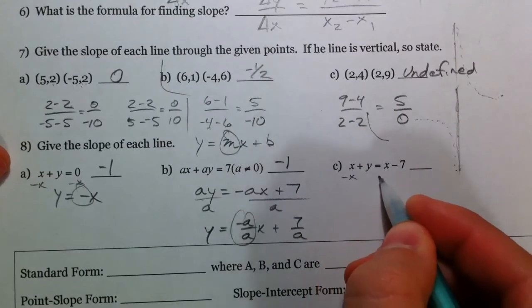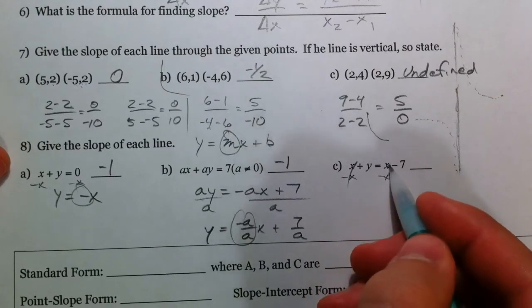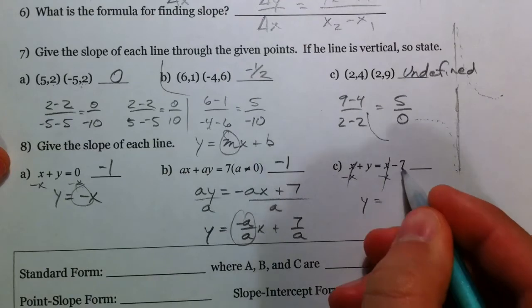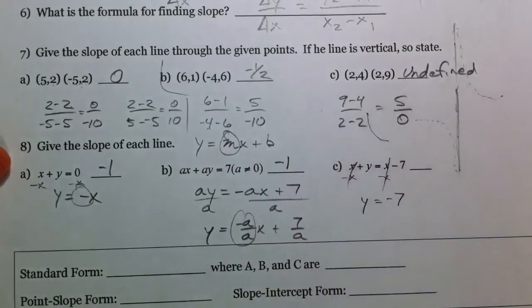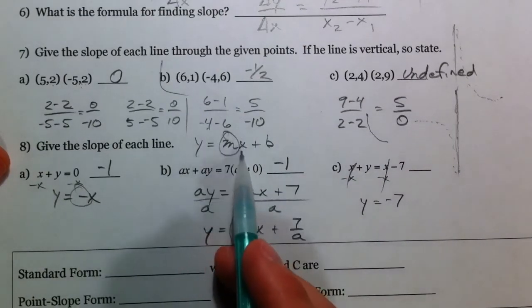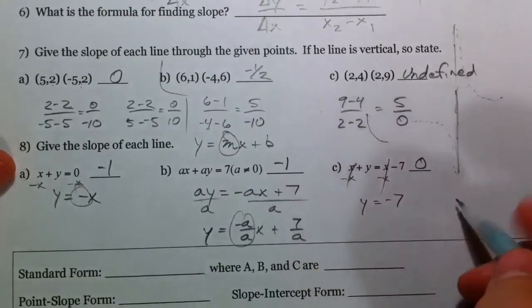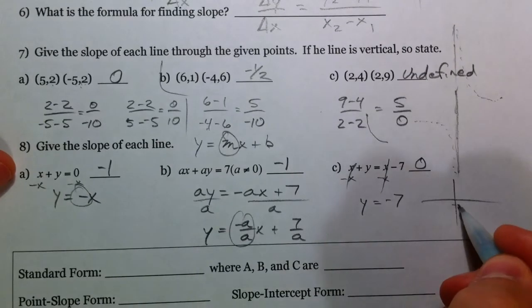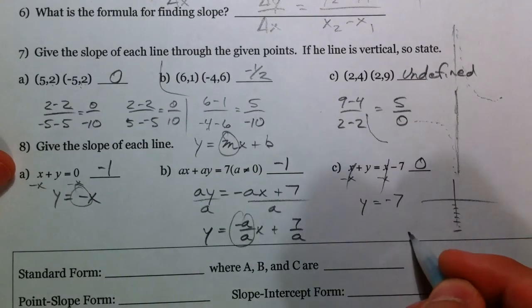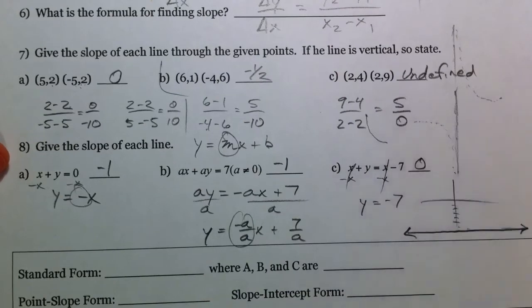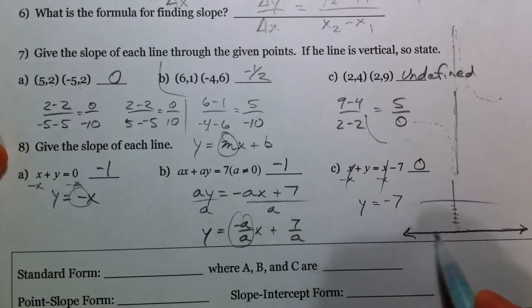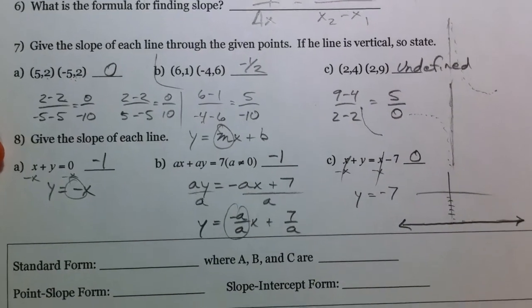If we subtract the x from both sides, it actually cancels out on both sides, so y equals negative 7. It doesn't have an mx, so it must mean that m is 0, but if you're not convinced, graph the line y equals negative 7. It's down here, and it goes straight across. All these y values are negative 7: 0, negative 7, 1, negative 7. So you're good to go.